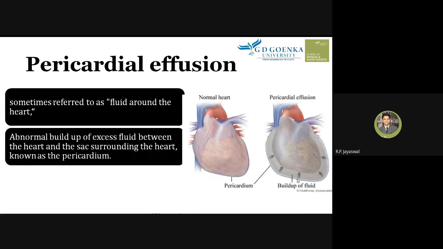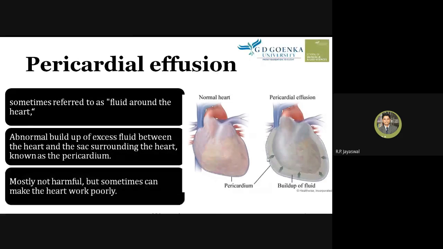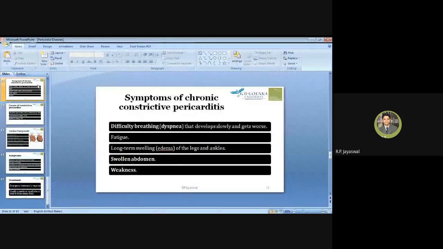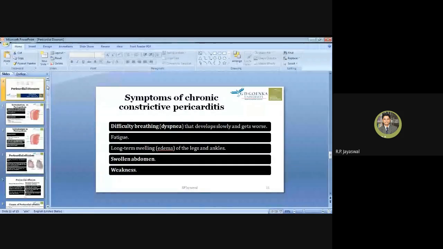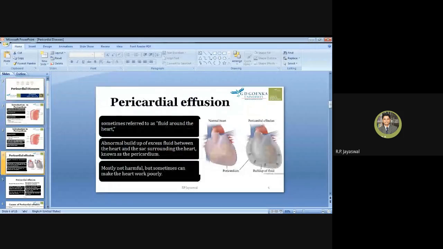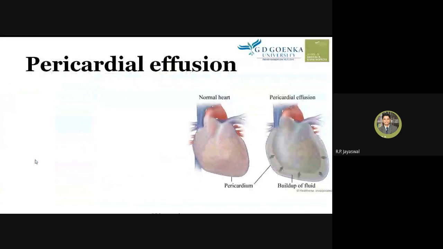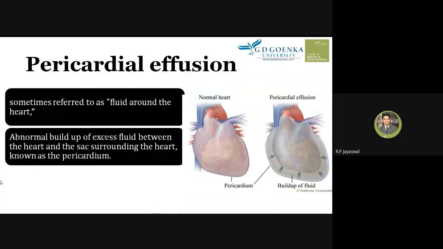It is an abnormal buildup of excess fluid between the heart and the sac surrounding the heart.